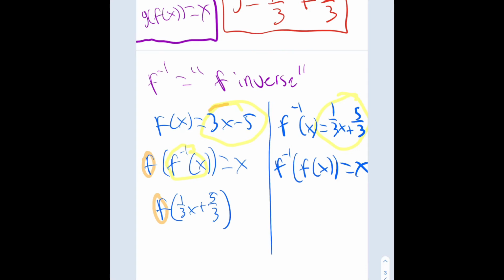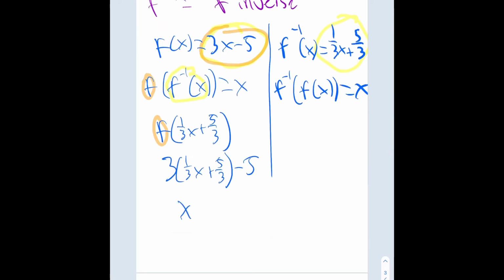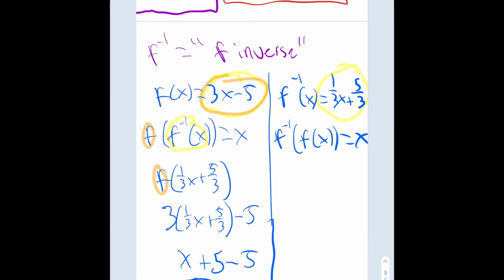So every time I see an x, I'm going to write 1/3 x plus 5/3. So it's going to be 3 times 1/3 x plus 5/3 minus 5. 3 divided by 3 is just 1, plus, again, 3 divided by 3 is 1, so I'm just left with 5 minus 5, and 5 minus 5 cancels out, so we just get x.